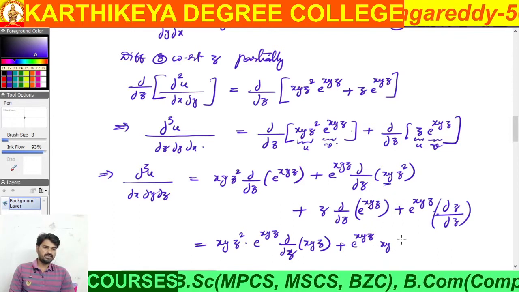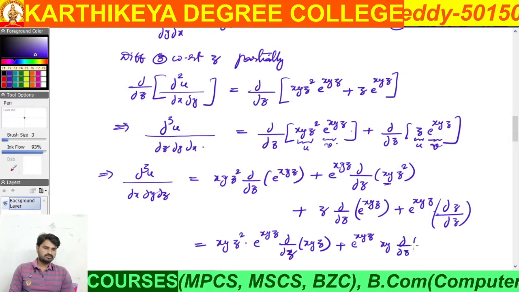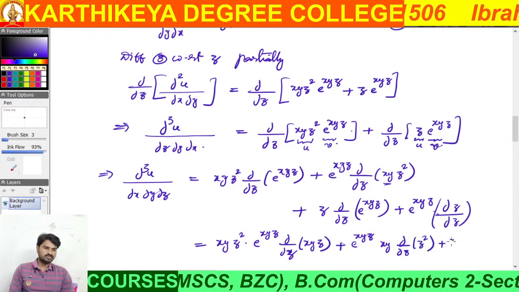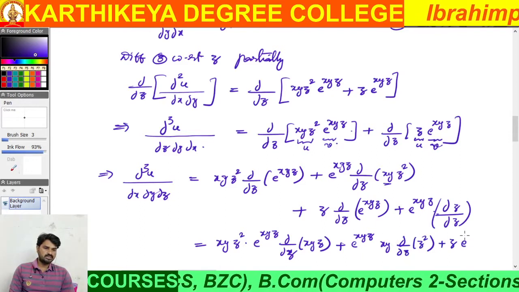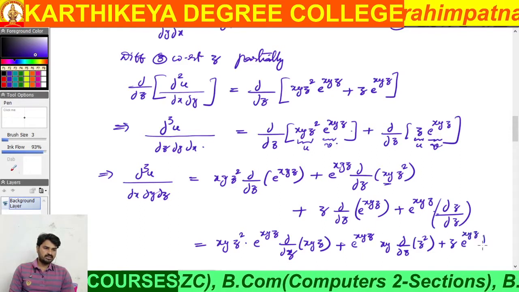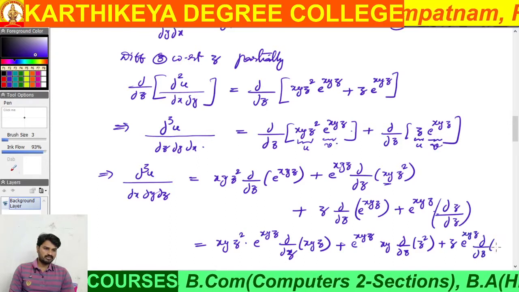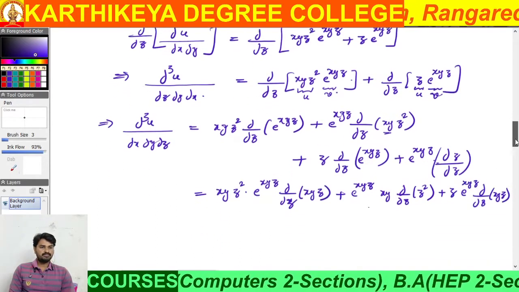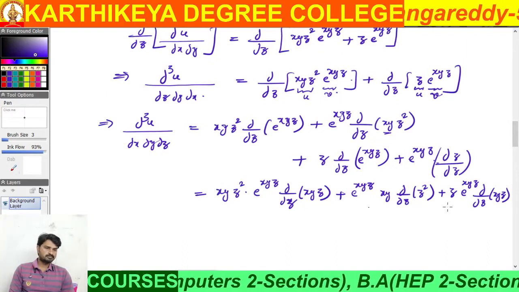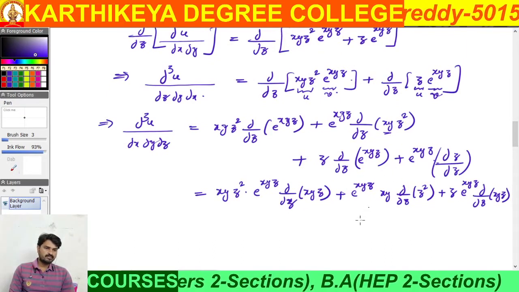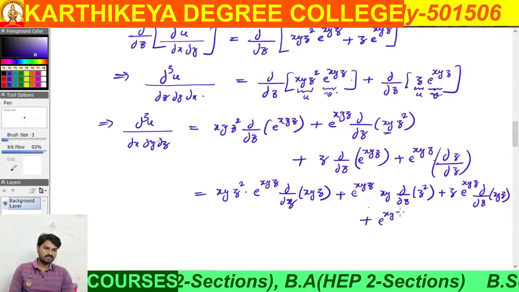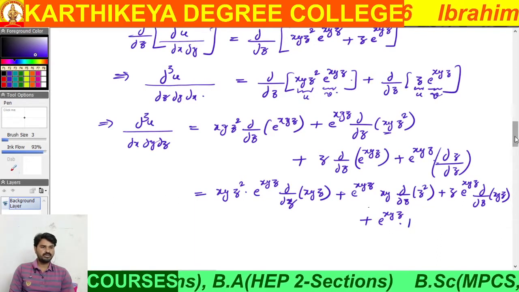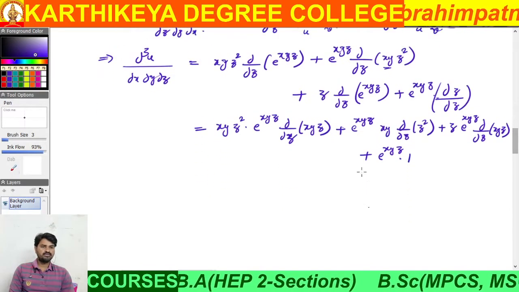Differentiating z² gives 2z. Also, z into e^(xyz) into the derivative of xyz with respect to z, plus e^(xyz) into ∂z/∂z, which is 1.